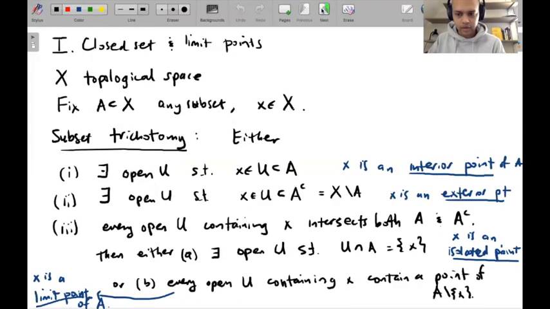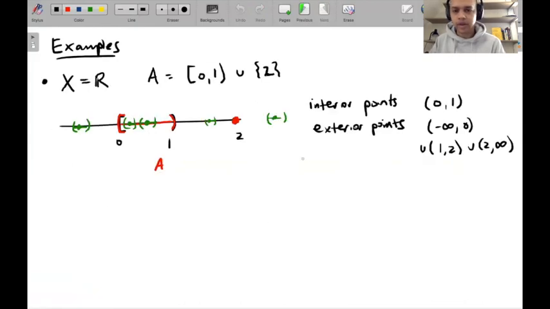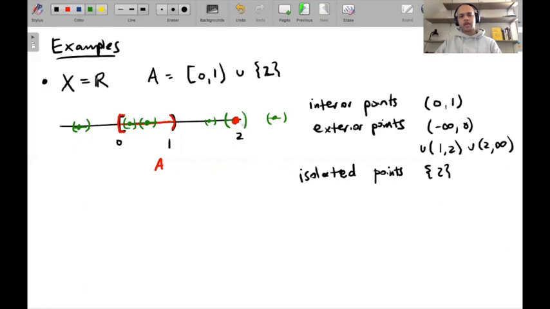Okay, so then isolated points and limit points. So there is an isolated point here, namely 2. And that's the only isolated point. So there exists a neighborhood of 2 so that it intersects A only in the point itself.